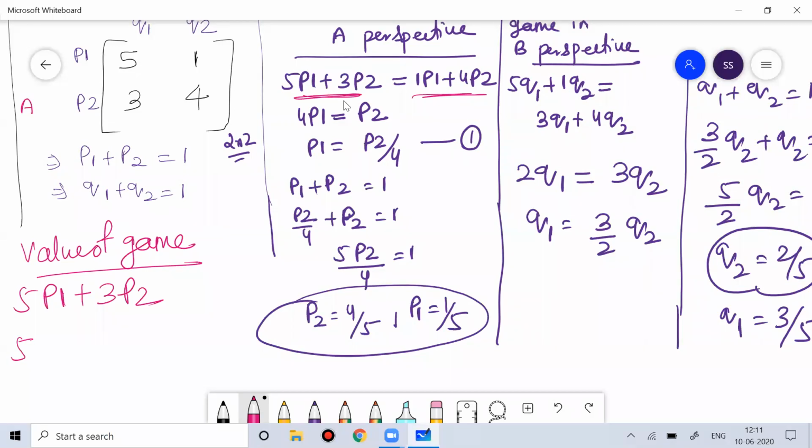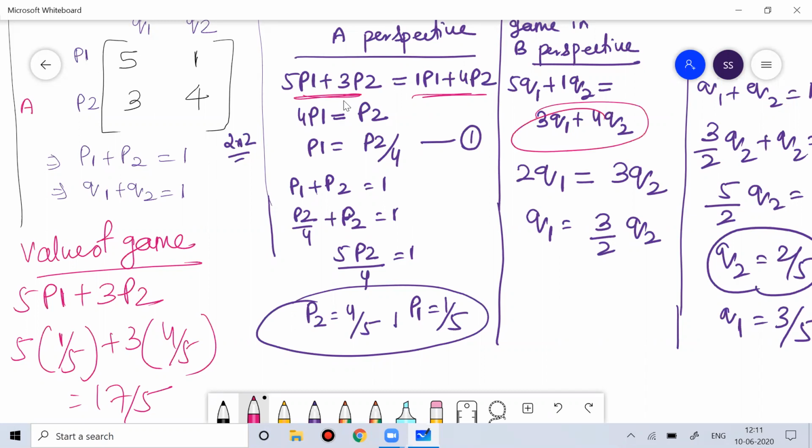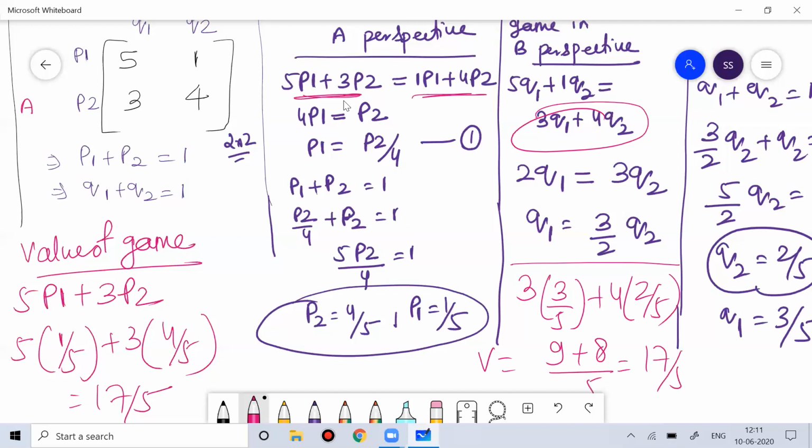So 5 into 1 by 5 plus 3 into 4 by 5, you will get 17 by 5 as the value of the game. You can use any equation, and the answer remains the same. 3q1 is 3 by 5 plus 4q2, q2 is 2 by 5. Whichever equation you use, the value of the game remains 17 by 5.